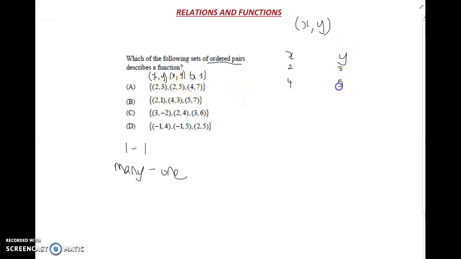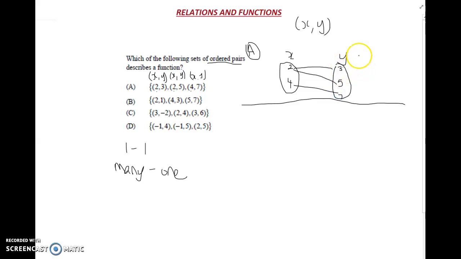So this is for E. Let me just section that off there. I'll draw a little diagram. So 2 goes to 3, 2 goes to 5, but this is one-to-many here. So this is not a function. You see how you have one-to-many there? We don't want that.